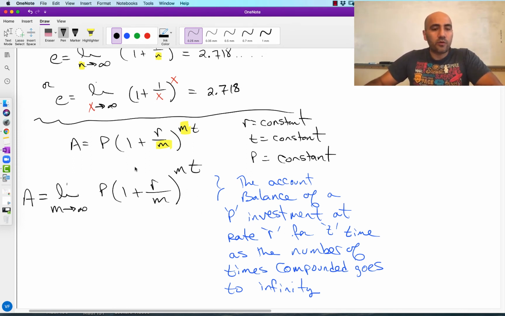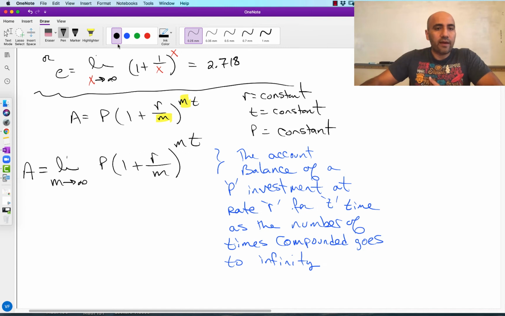That's what we want to work with. Okay, so we want to do a little bit of algebra magic here and figure out what is happening to this. So the first thing I want to think about is that all of this is being applied by this limit. However, this P has nothing to do with m.